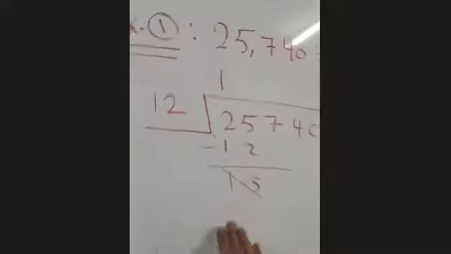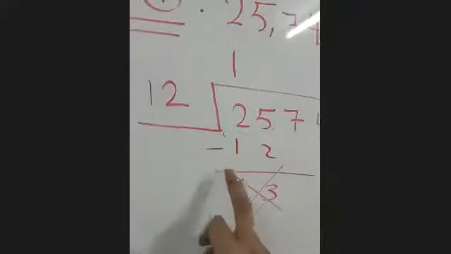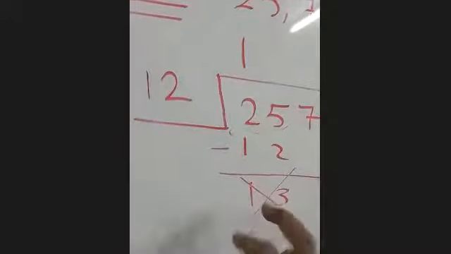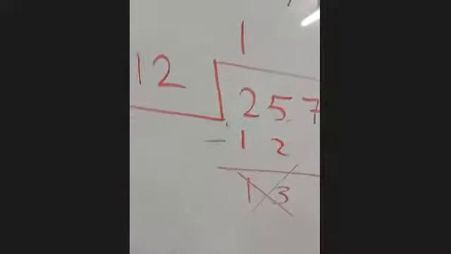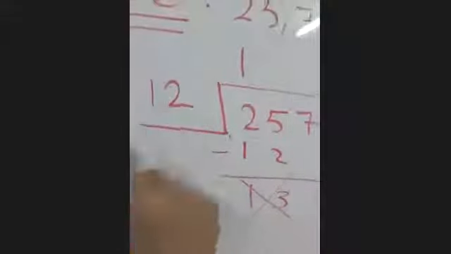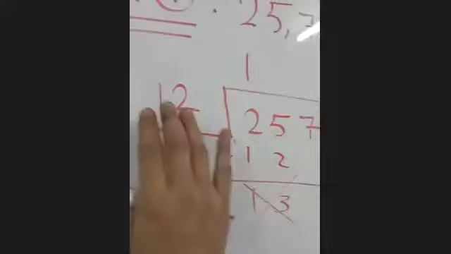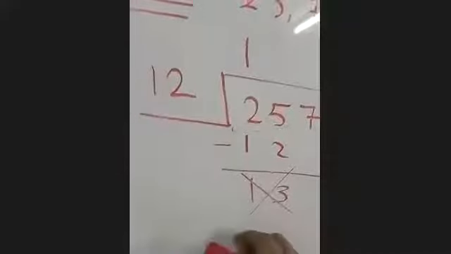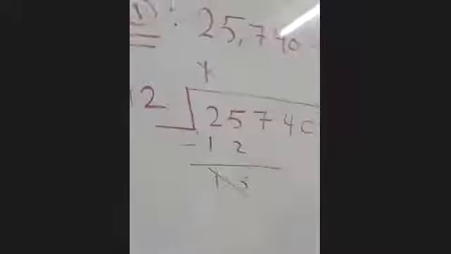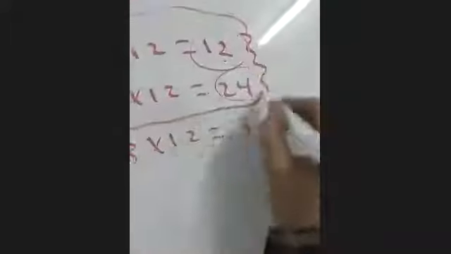The number after the subtraction should be less than the number here. Here we have 13, bigger. Even if you have 12, it's also no. It should be less. So my choice here is wrong.